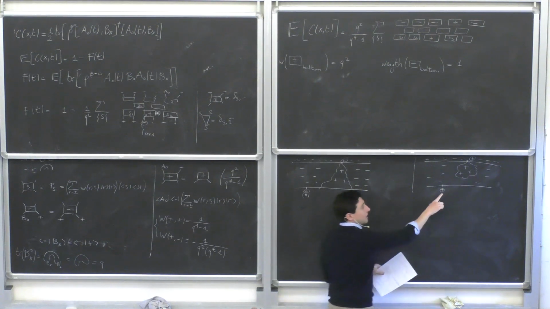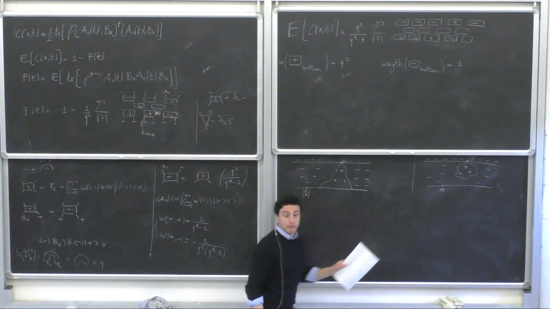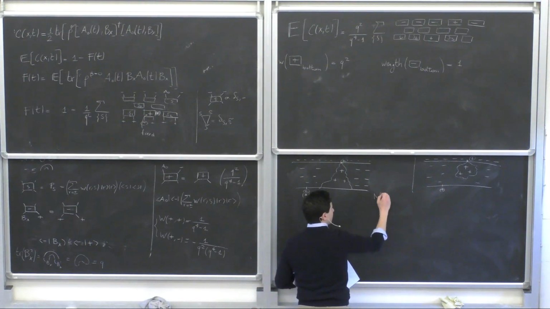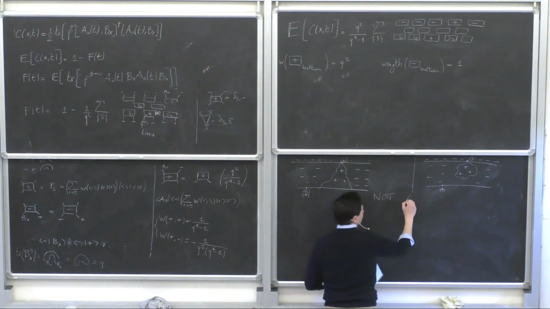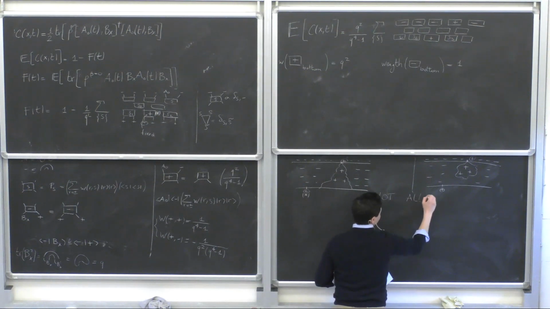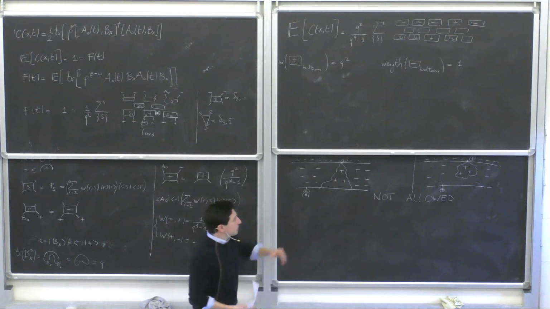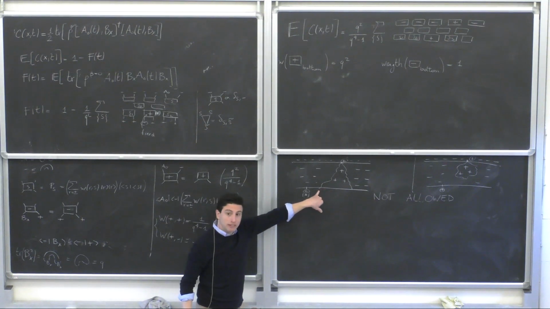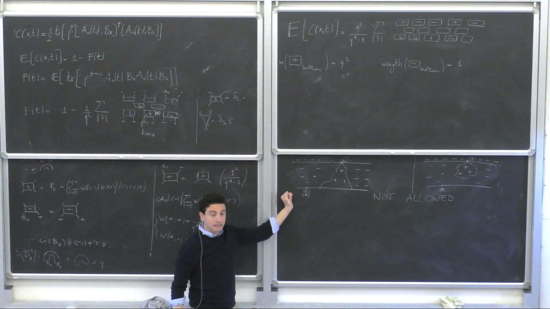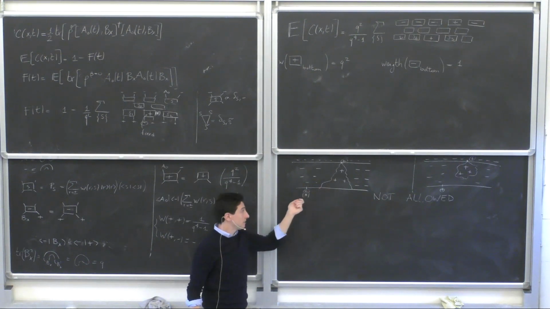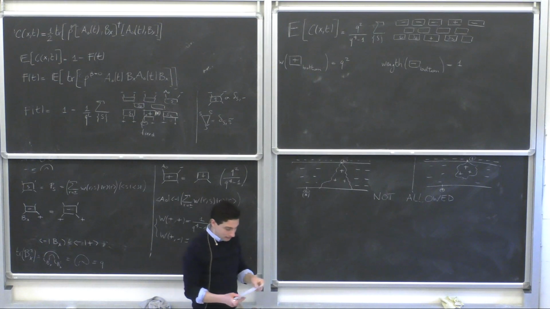But again, it's not allowed because this must be plus. So these configurations are not allowed. The only configurations which are allowed are those for which this domain wall is at the left of the plus, and this set of pluses contains this fixed plus.